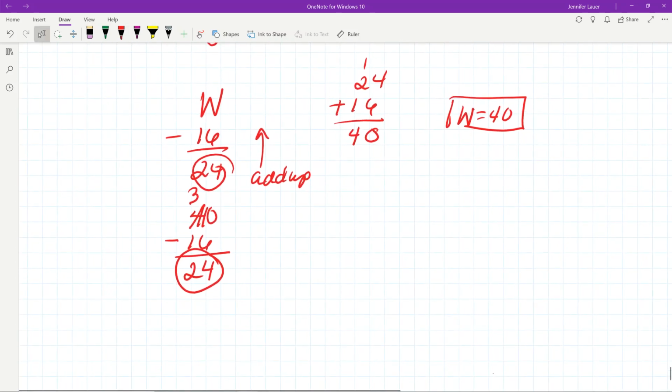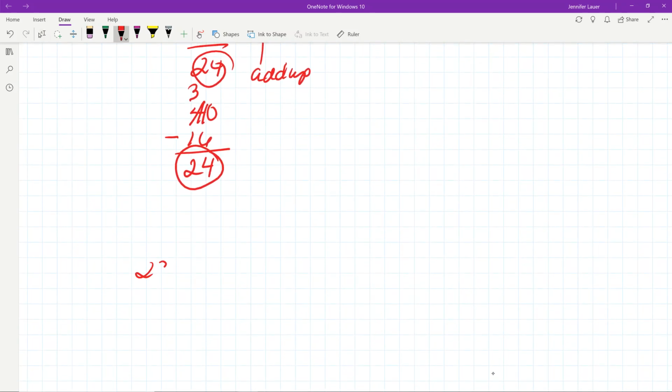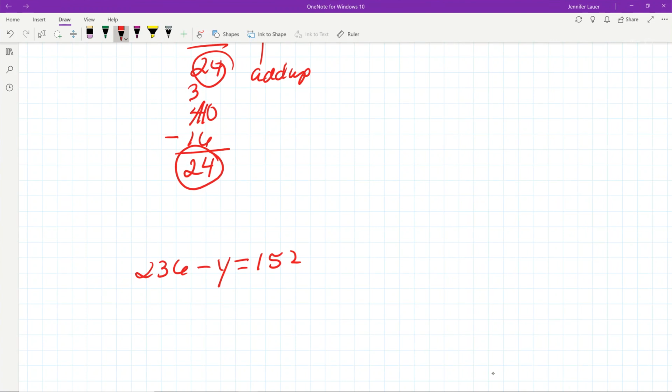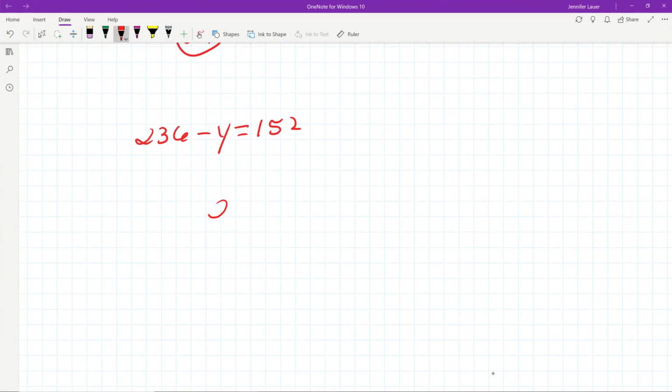So let's try another one. Let's say we have 236 minus y equals 152. Oops, sorry about that. I'm going to rewrite it like this: 236 minus w equals 152. We have to ask ourselves, what are we looking for?